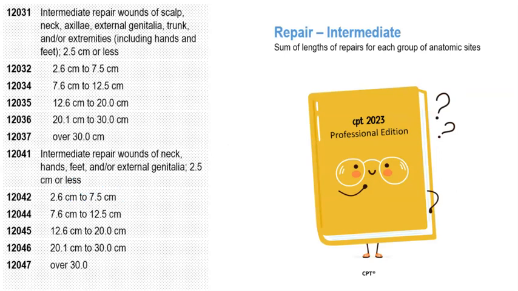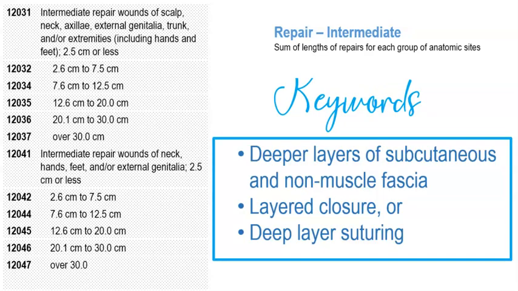Now we will focus on intermediate wound repairs, so open your coding manual to the main text that contains these codes. I find it helpful to make notes in the CPT coding manual of keywords, and I write them next to the category heading for Repair Intermediate.